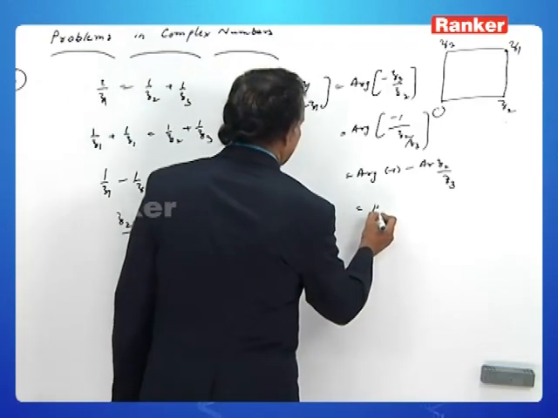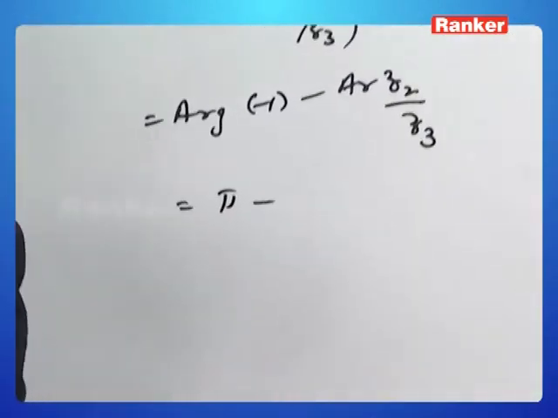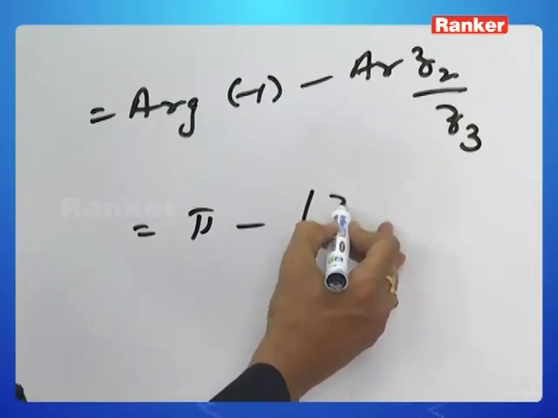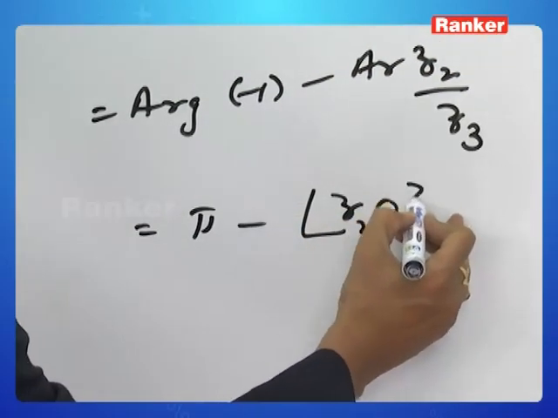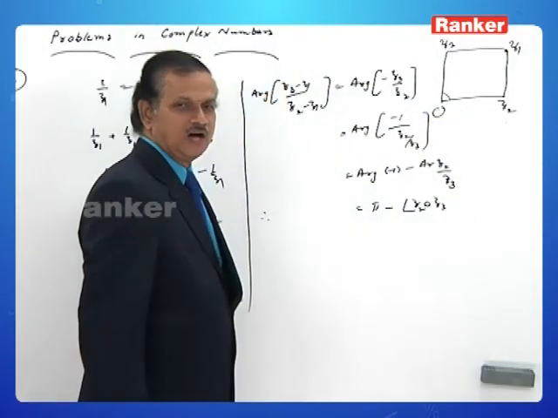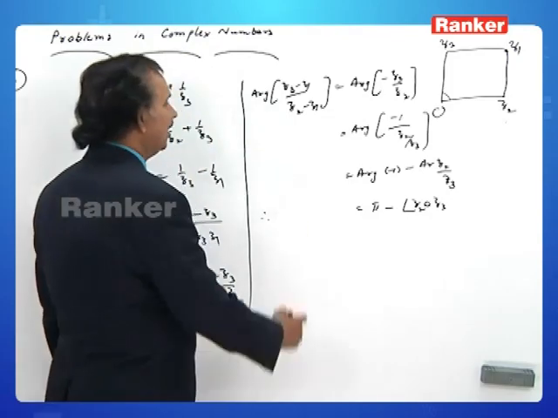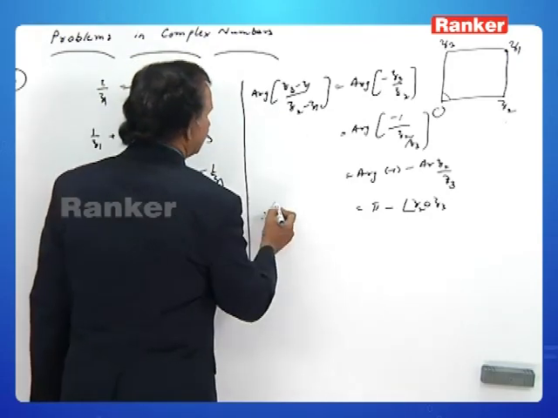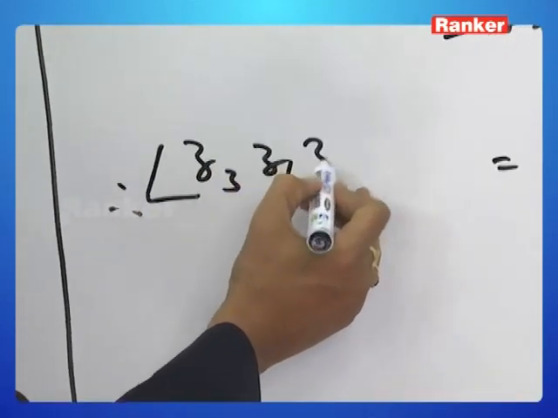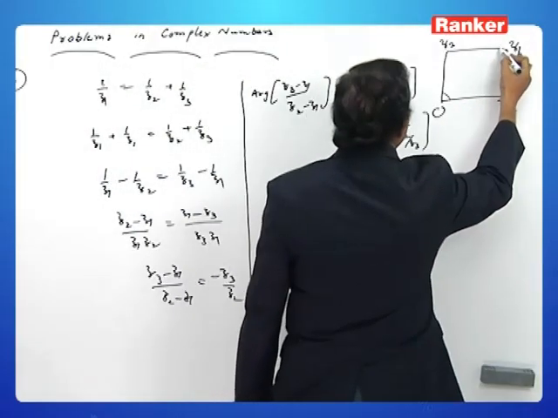Hence, this is pi minus, what is argument of Z2 by Z3? Angle between Z2 O Z3. Am I correct? This angle is nothing but argument of Z2 by Z3. Well, what is this argument? It is nothing but angle Z3 Z1 Z2. That is this particular angle.